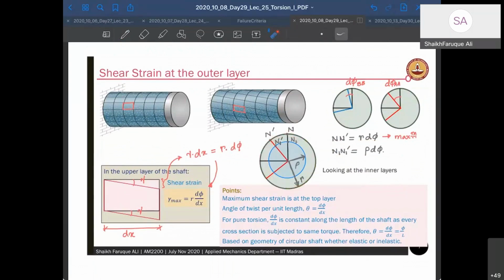This is one of the cross sections. Let's say this cross section is this. Now you have this straight, perpendicular line changed to another perpendicular line, but with a little bit of rotation. So N has moved to N dash and M has moved to M dash.